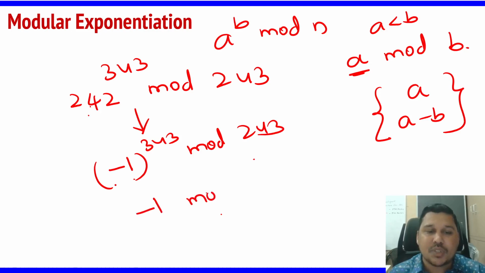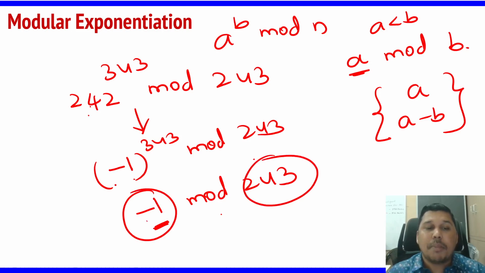It becomes minus 1 mod 243. Whenever this is the smallest number and a negative number, you just add the two numbers. So minus 1 plus 243 becomes 242.